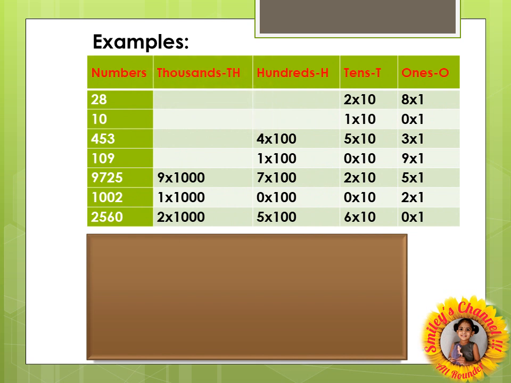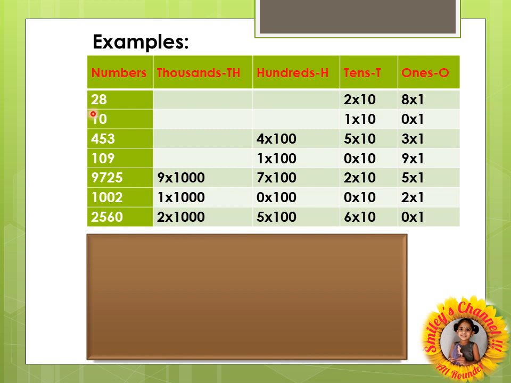So here is the set of examples I have taken: 2-digit, 3-digit and 4-digit numbers. First we'll arrange these numbers according to their place value. This is for your understanding, children. This is not from the exam point of view. When you start the expanded form of any number, you need to start from the highest place value.